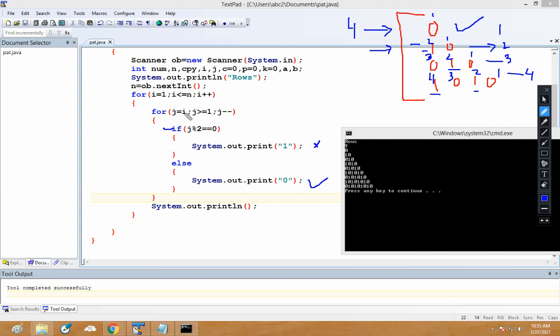Next time it starts from 2 and 1, so the value of j is 2 and 1. When the value of j is 2, that means even, so we print 1, and after that we print 0. Then it starts from 3, so j is 3, 2, 1. Every time we are checking this even-odd condition.